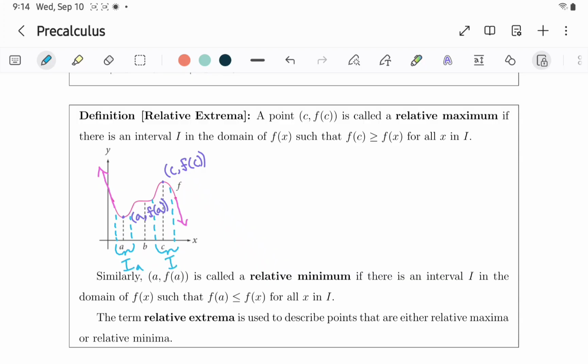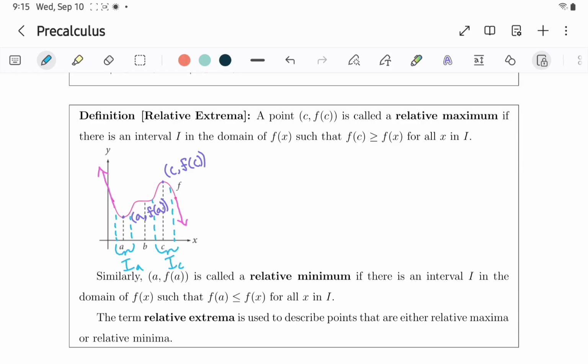Maybe I'll give these intervals a little subscript so we know that one contains a and one contains c. And on I sub a, f of a is going to be the least value of f, and on I sub c, f of c is going to be the greatest value of f.